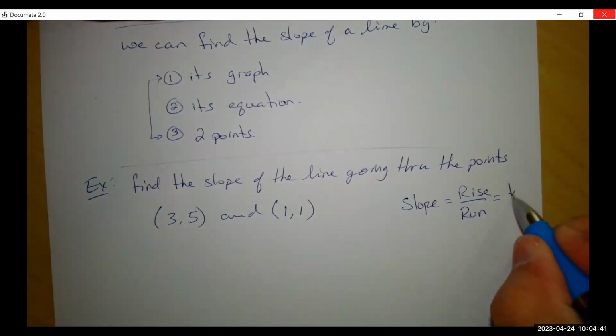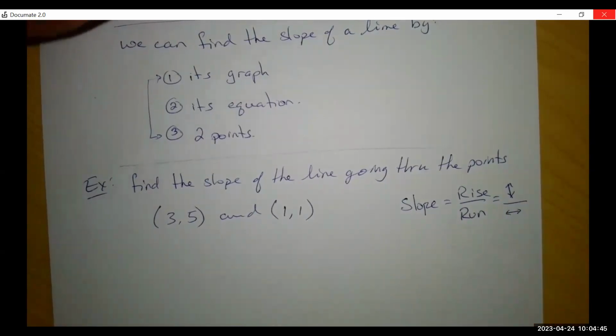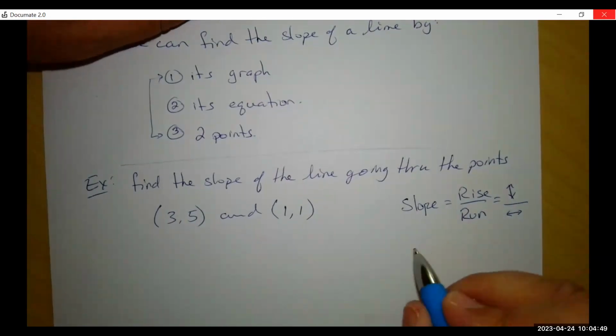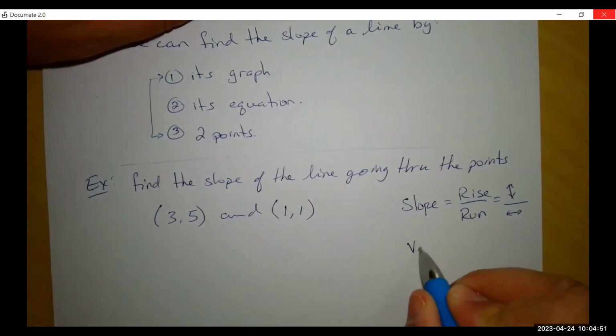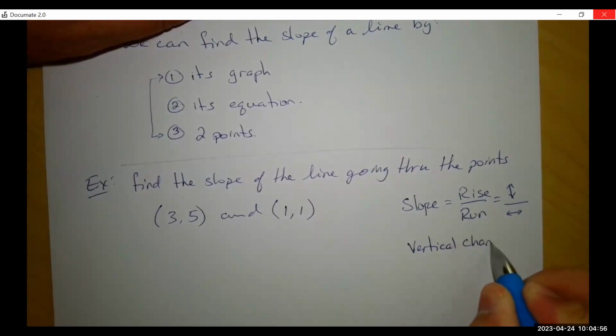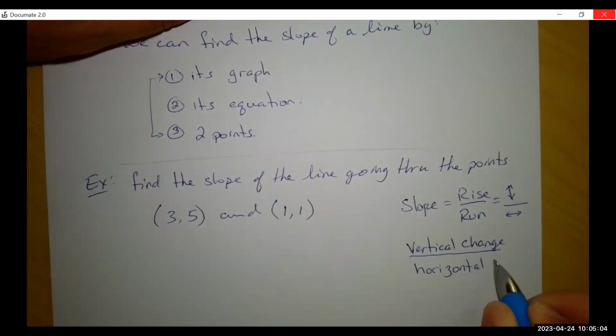It's the vertical change over the horizontal change.